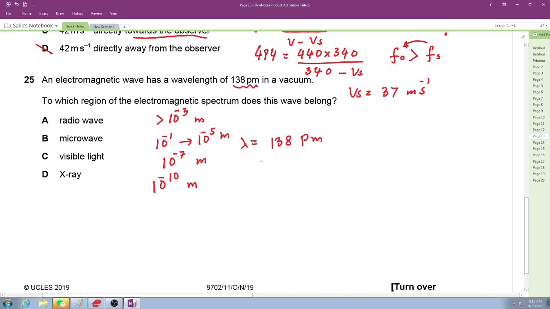This is our wavelength, and we can write it as 1.38 times 10 to the negative 10, because pico is 10 to the negative 12. So our answer is in the order of 10 to the negative 10, so this belongs to the X-ray region of the spectrum.